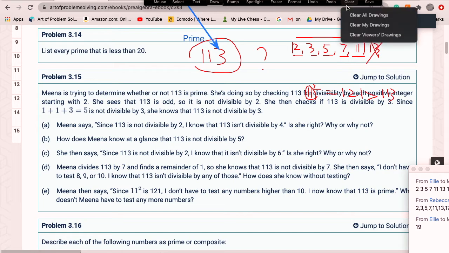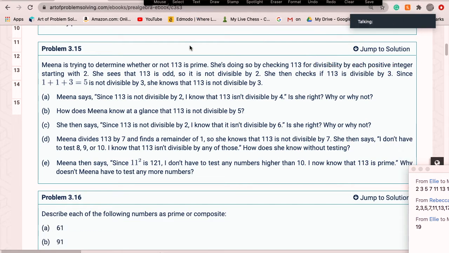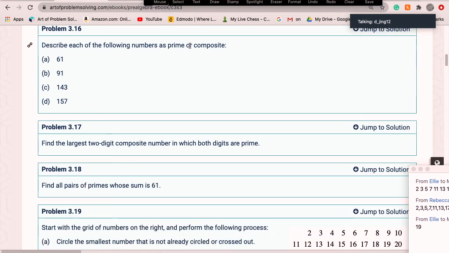So now let's see from here. Can we do 3.16? Yes, 3.16. Can we do it like the old times where each person does one problem? Okay. Yeah, we can do it that way. Can I do D?